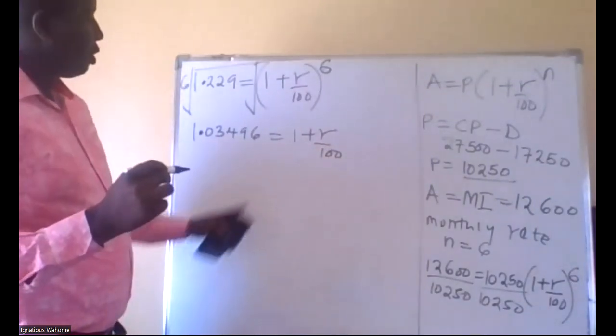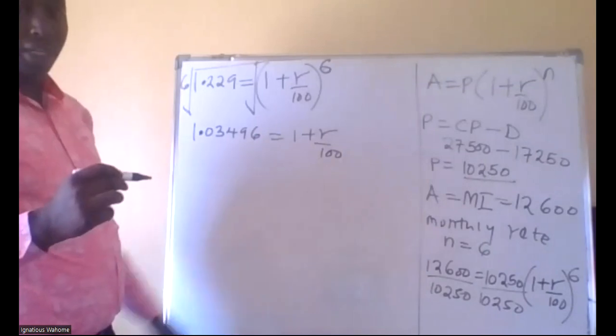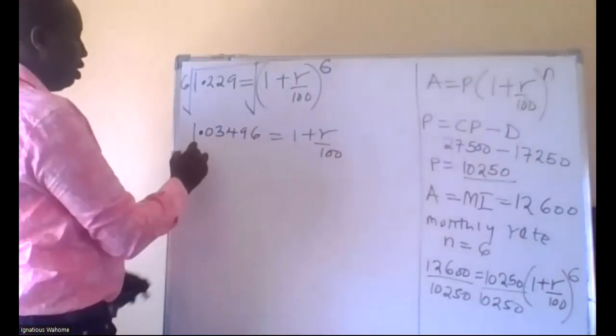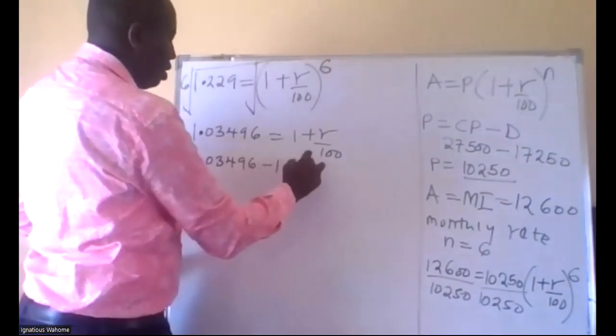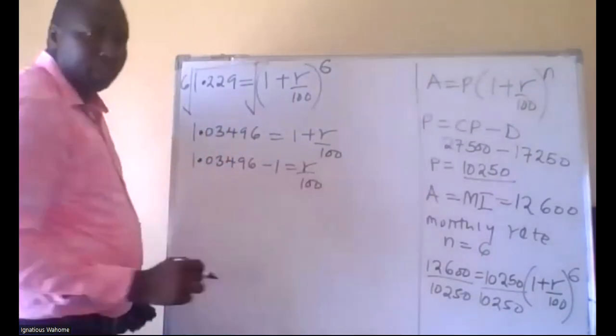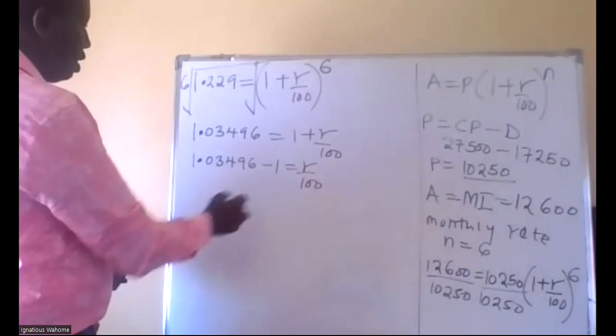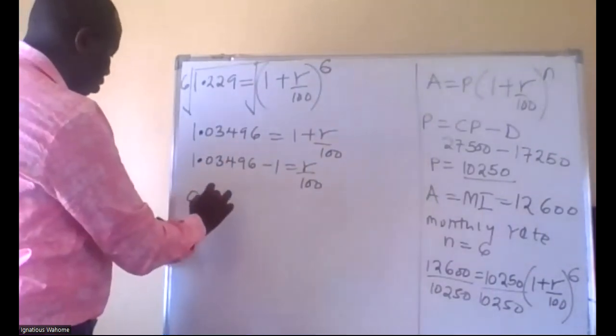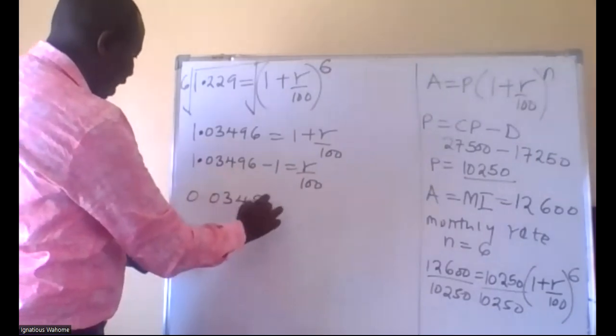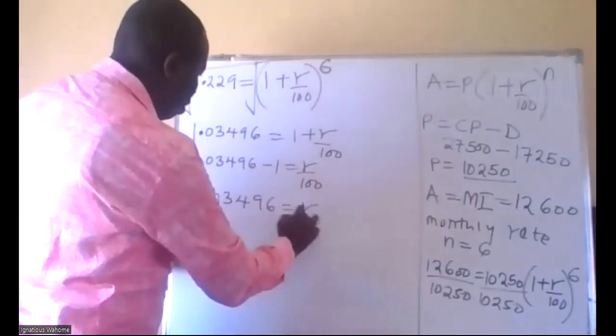So you get that 1 plus R over 100. Take this on this side, you get 1.03496 minus 1 is equal to R over 100. Subtract 1 minus 1, you get 0.03496 equals R over 100.